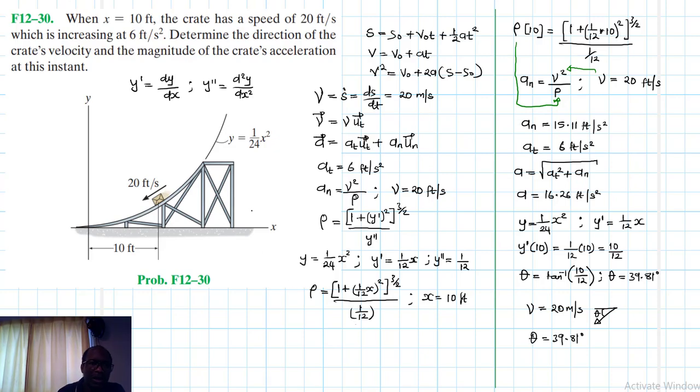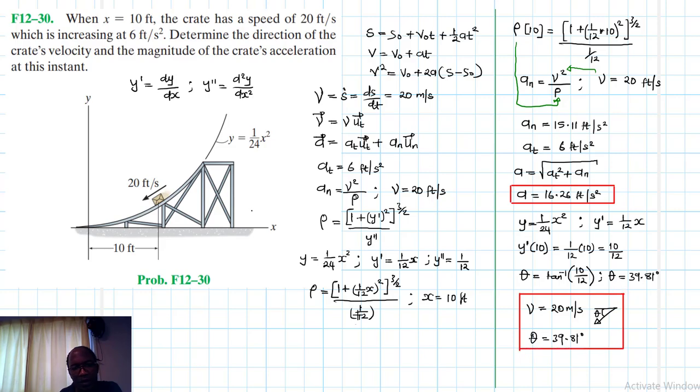I think we are done with our problem. We just need to outline the solution. So we have the acceleration here. This is our acceleration. And then we have velocity there, which was already given with this direction.